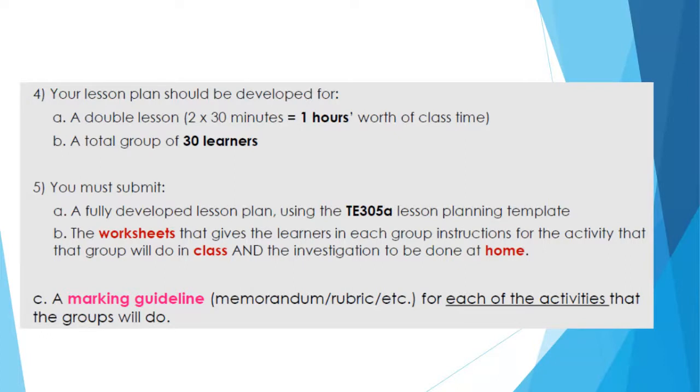So in other words, you would have a minimum of 2 or 3 different activities according to your different groups. You need to supply the worksheet as well as a memo or a rubric. You can decide if you want to mark the worksheets in class with a memo or with a rubric. You don't have to supply both. Okay, so you choose which one you would like to use, a memo or a rubric.